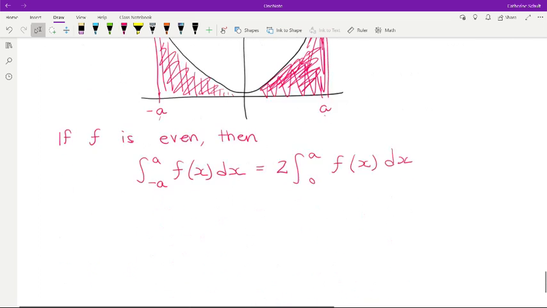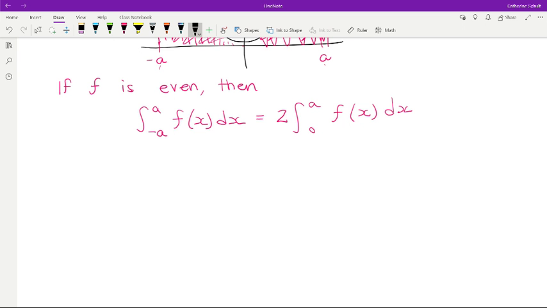So odd functions, again, the test is the same. We plug in -x. And when we plug in -x, we get back the opposite of the function.